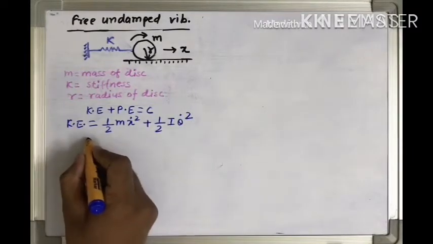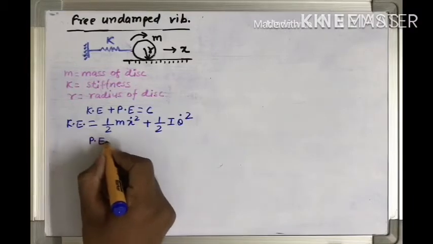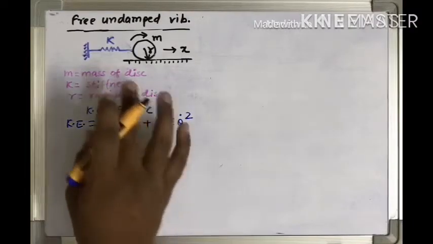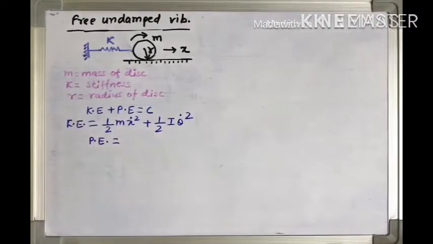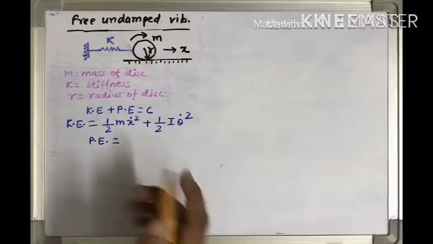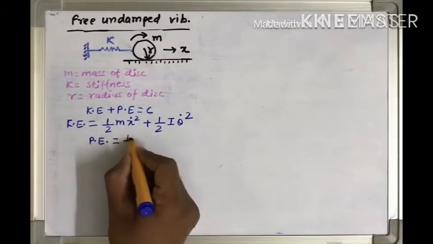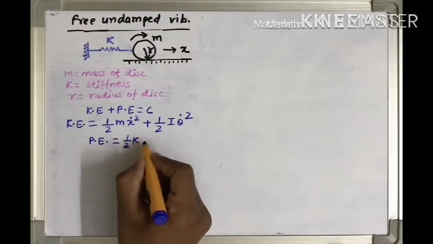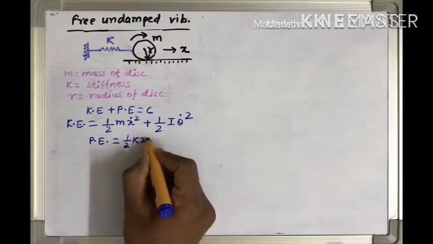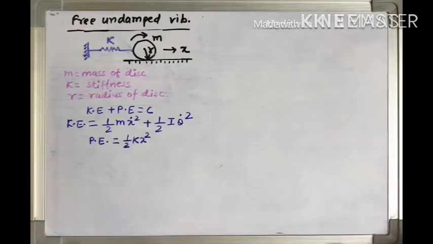If we want to know the potential energy, from this very simple problem we can understand that the potential energy will be just because of the spring only. In the case of a spring, the potential energy is half of the stiffness k and the square of the distance, that is 1 by 2 k x square.